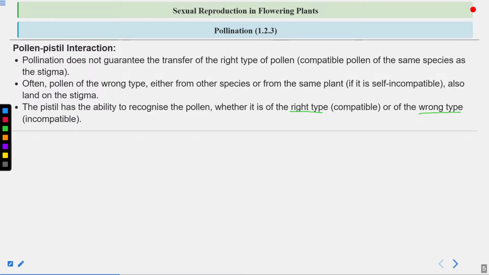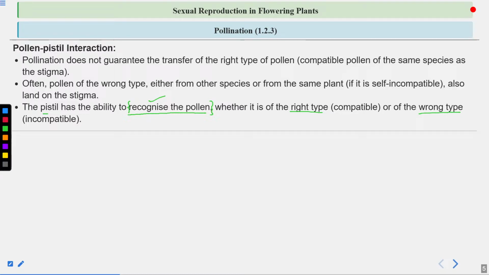Two types of pollen grains are there, one the right type and another the wrong type. Now, how do they recognize this pollen? What is the ability of this pistil that it can recognize the right type of pollen and the wrong type of pollen? This is very, very important to understand.